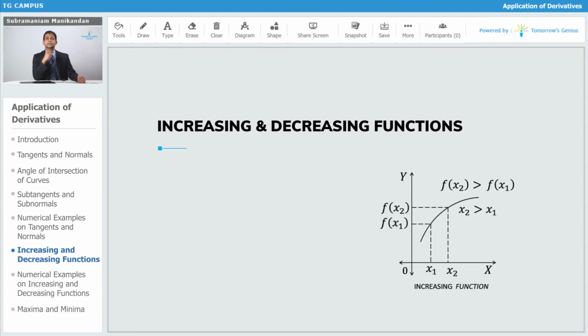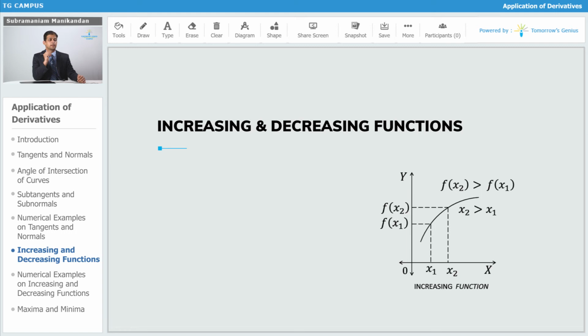If you look at this particular graph, this is the graph of a function which is increasing, and therefore the function is called an increasing function. If you go in the positive x direction, that is in increasing values of x, you will find that the value of the function, that is the y coordinate of the function at the given x coordinates, is increasing.